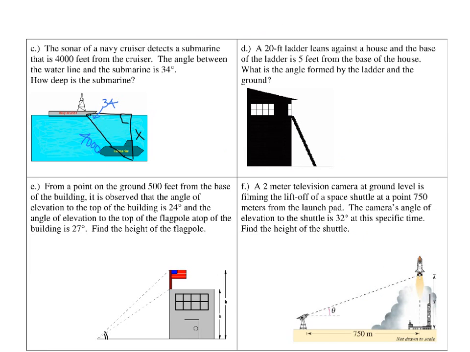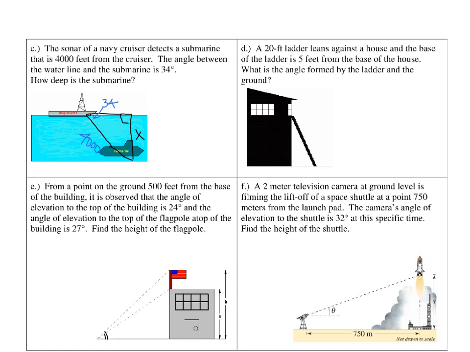All right, so this next problem: the sonar of a Navy cruiser detects a submarine that is 4,000 feet from the cruiser. The angle between the water line and the submarine is 34 degrees. So the question is, how deep is the submarine? As you can see, I've already labeled what the right triangle would look like.